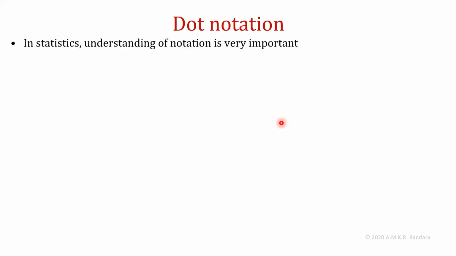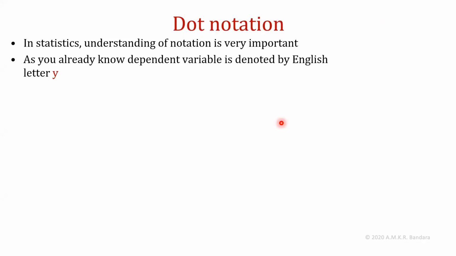So, we need to understand some notation. I think in statistics, the most difficult thing is to understand the notation. As you already know, we denote the dependent variable using English letters.